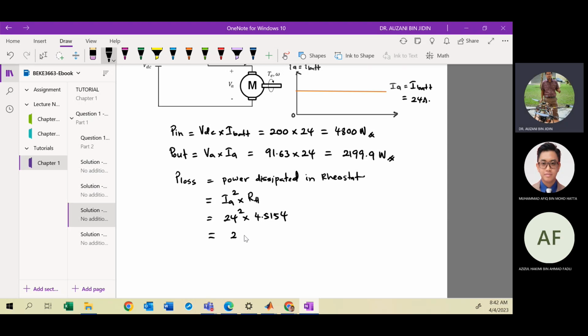Then you get the power loss of 2,687 watt. Very significant power loss. So you must attach a heat sink to the rheostat, and then your system will be bulky because you have a heat sink and rheostat.